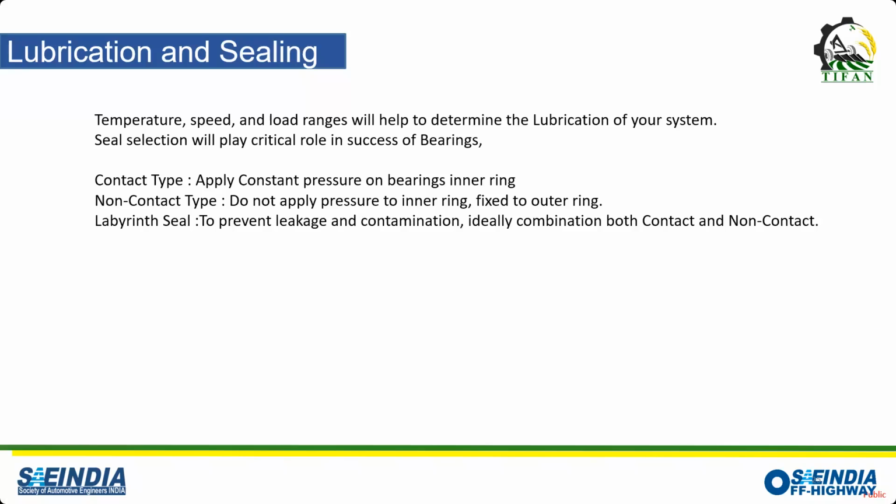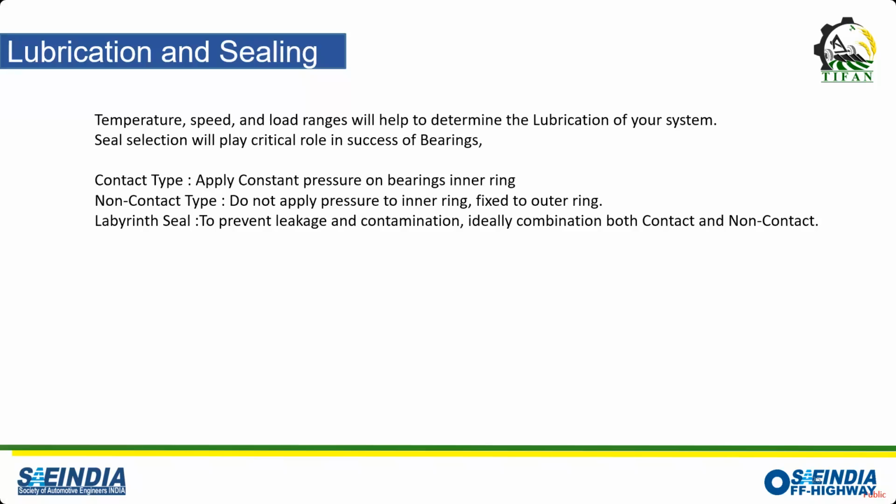Both of these will not retain the lubrication. If you want to retain the lubrication, you have to use a labyrinth seal. A labyrinth seal is a combination of both contact and non-contact. It seals both the inner and outer rings completely, so your lubrication will not be lost. It will stay there for the intended life.